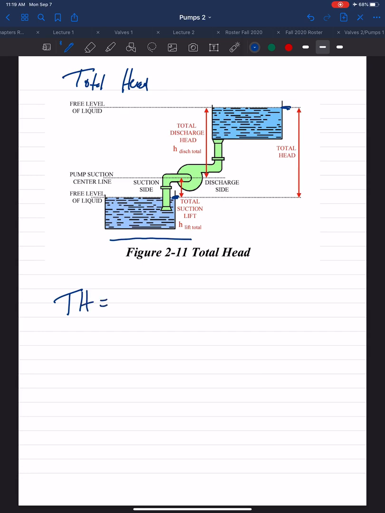So once again, total head is the total discharge head, in this case, minus the total lift head.